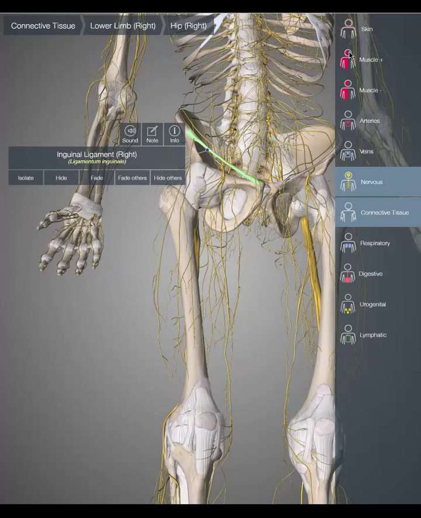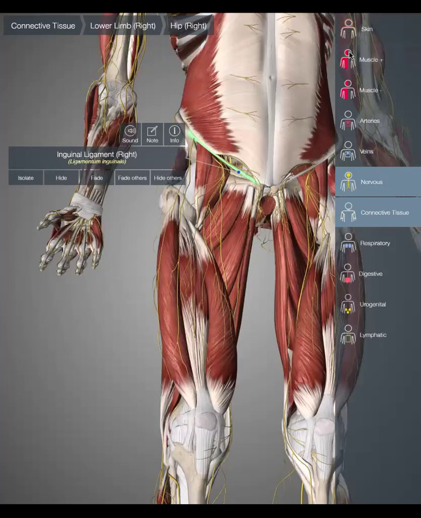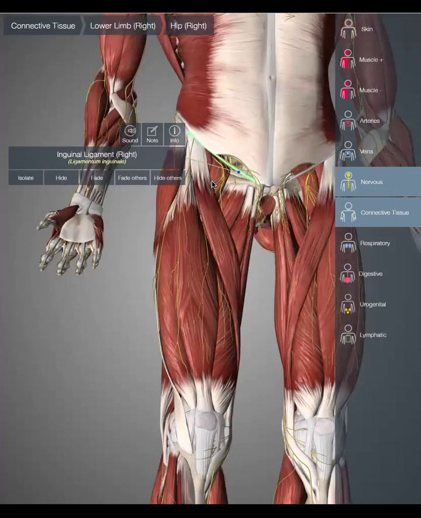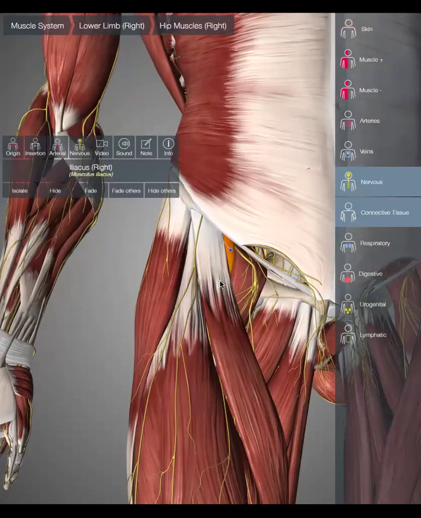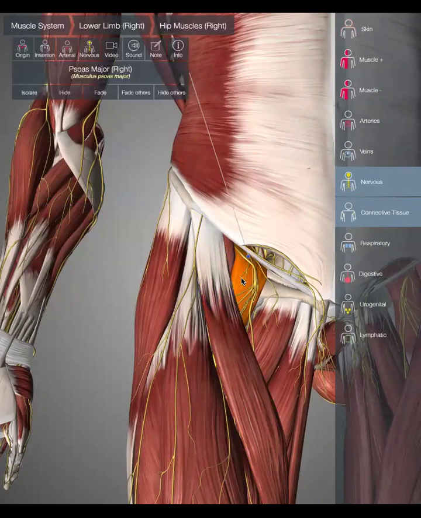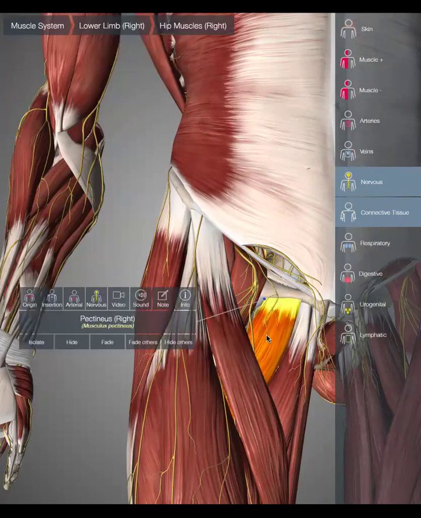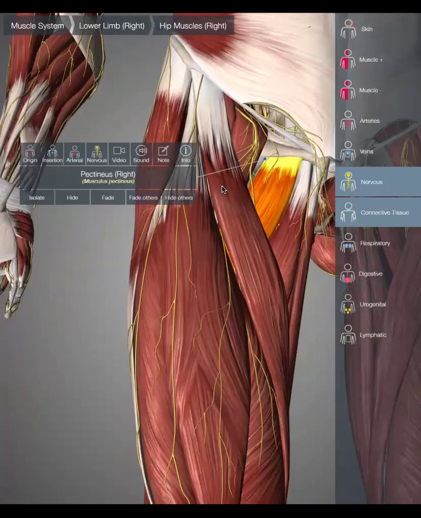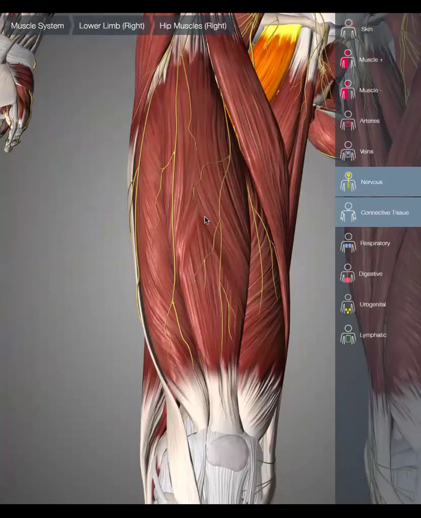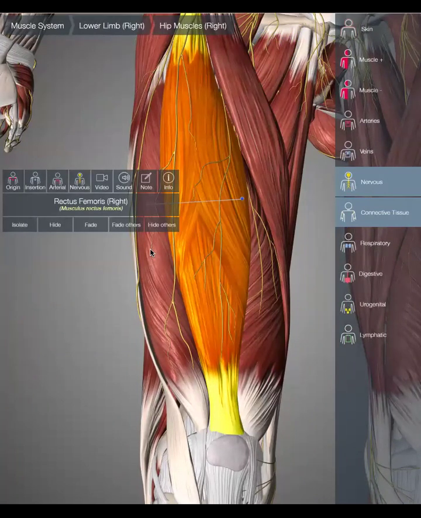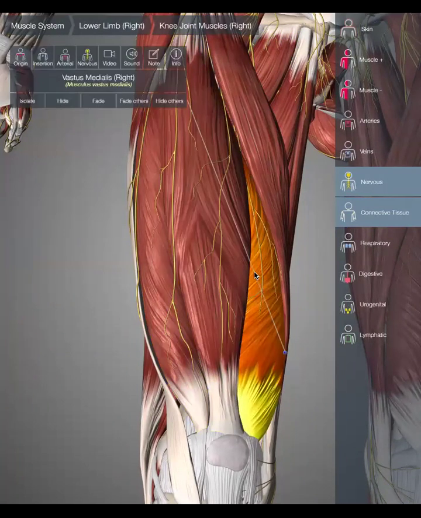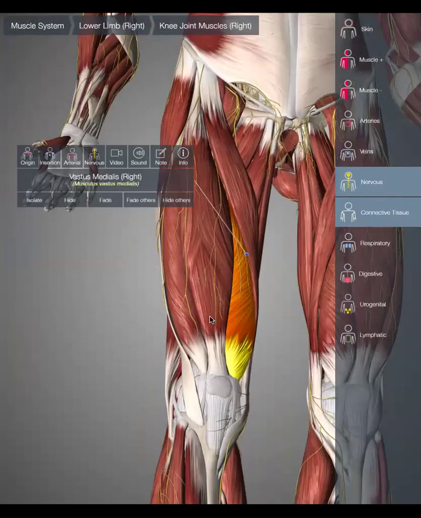So here, it causes iliacus, it causes sartorius, and pectineus, here, to contract. Again, it causes rectus femoris, vastus lateralis, vastus medialis, vastus intermedius to contract, hence causes extension of the knee.